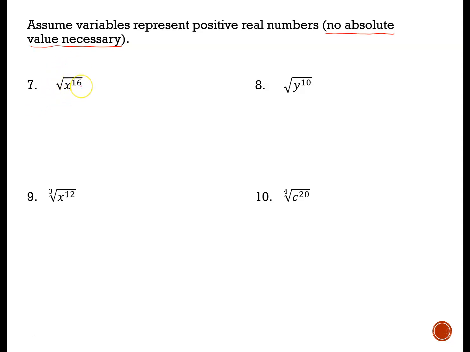So if I have a square root, remember the index is an invisible 2. So to take the square root of x to the 16th, I still keep that base of x, and I take the exponent, 16, divided by, we'll go ahead and write that out this time, the index, which is 2, and so I end up with x to the 8th.